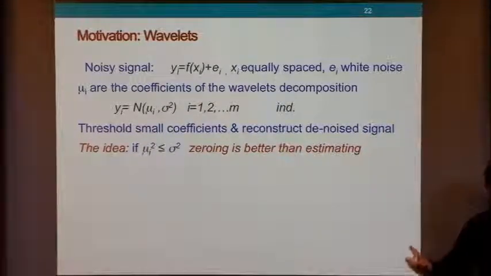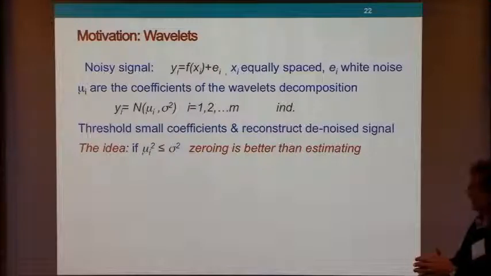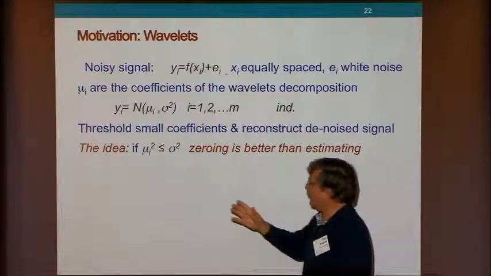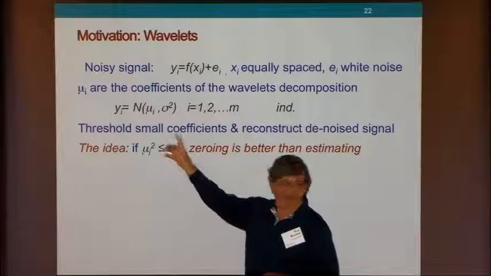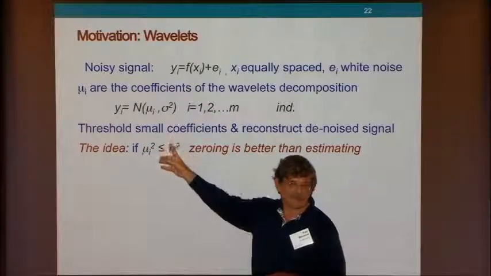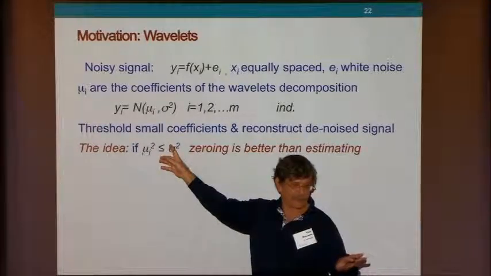It can be done with other bases, not necessarily wavelets. What is the statistical idea behind it? The idea is that if the size of the coefficient is smaller than the variance of its estimator, just forget it, zero it out, because if you try to estimate it, you're introducing noise.